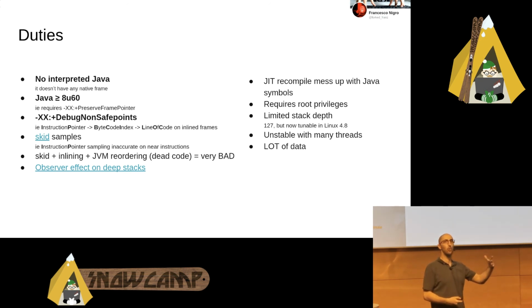Effectively, these method calls don't exist. And given that they don't exist, perf won't show you. That's a problem, obviously. Then you are forced to this specific version, despite what Oracle said. I know many people that are still using Java 6.